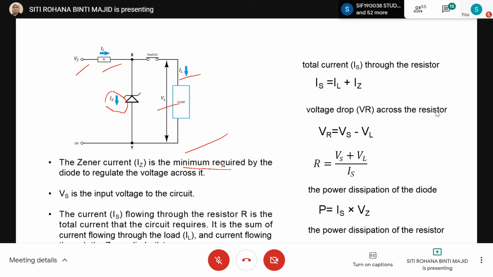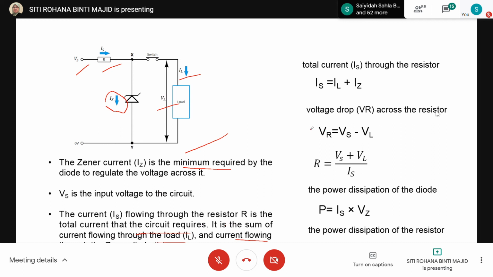So the current IS will flow through the resistor, and it is the total current that the circuit requires, and then some of the current flows through the load and some flows through the Zener diode as IZ. So we can calculate IS using this formula, and this formula can be referred to this diagram.